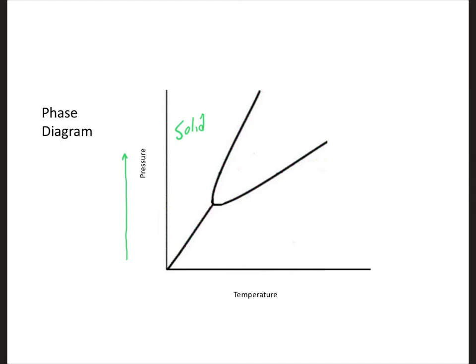Now, if we take any solid and we heat it up enough, we raise the temperature enough, we should expect that we should be able to turn that into a gas, right? If you heat an ice cube long enough, you're going to turn it into gas particles. So at high enough temperatures, we should be able to get things to go into the gas phase. So this region of our graph is for gases.